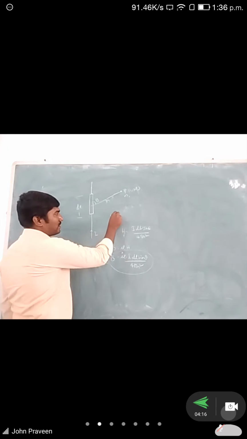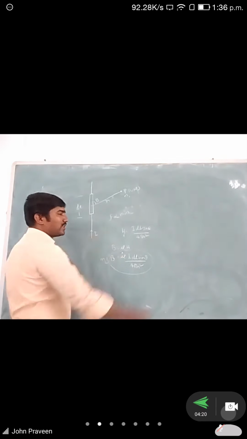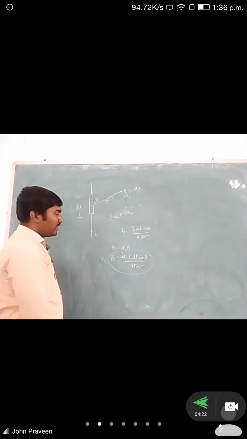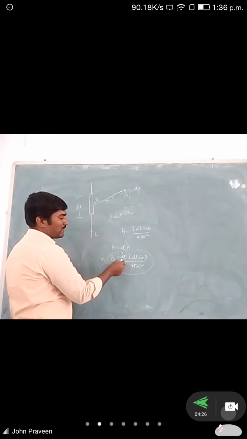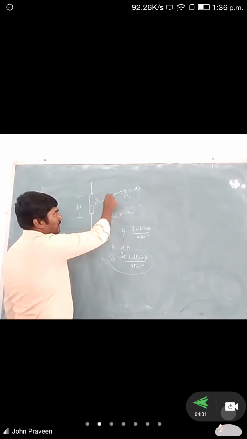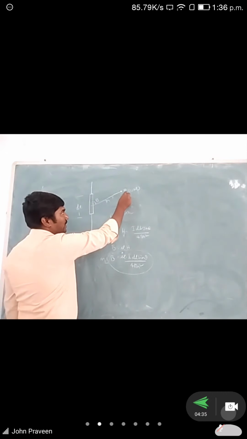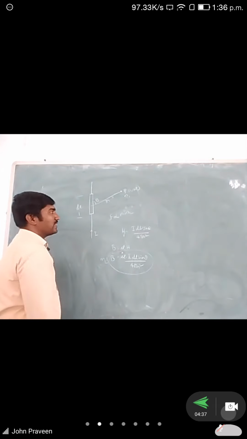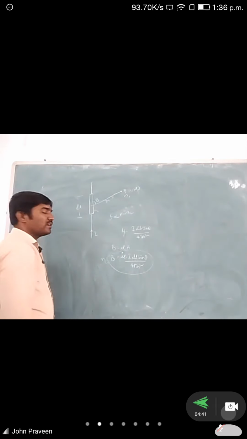The force is directly proportional to the product of their pole strengths. The pole strength for the entire field, that is B, we assume as M2, and the other pole strength at location P we assume as M1.